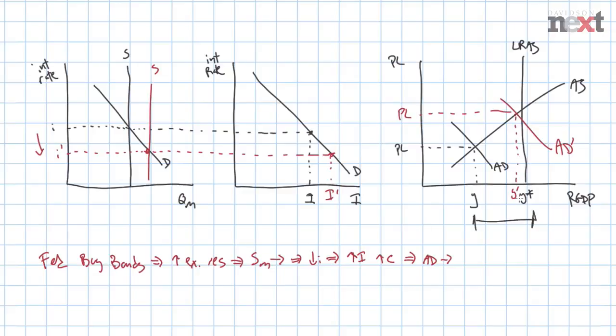And you can see the Fed is achieving its goal in this graph of reducing the size of the gap between the current level of output and the potential level of output. So when the aggregate demand curve shifts to the right, this is going to lead to an increase in the price level, an increase in real GDP, and a lowering of the rate of unemployment.